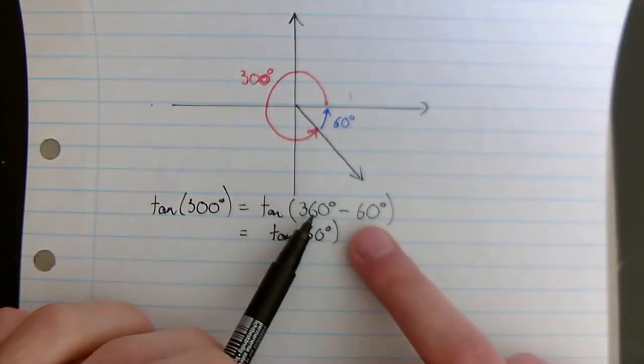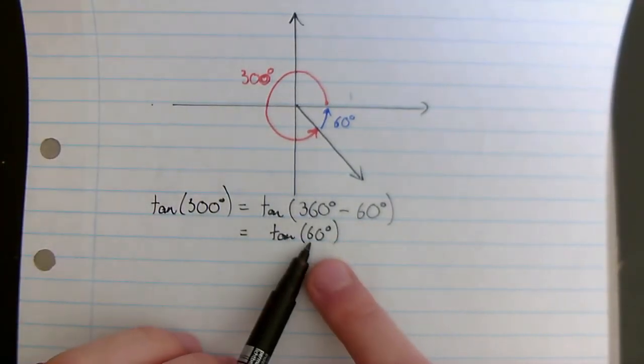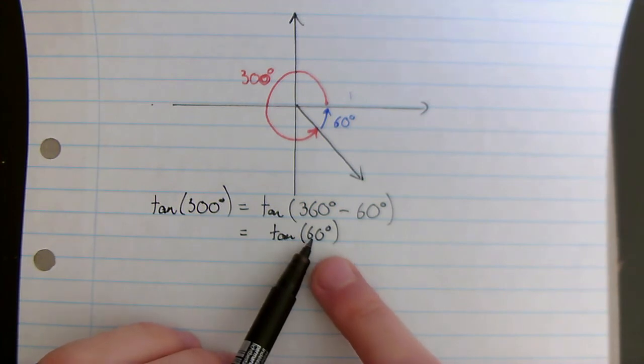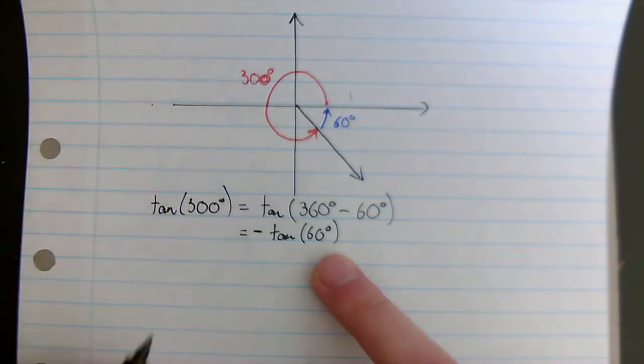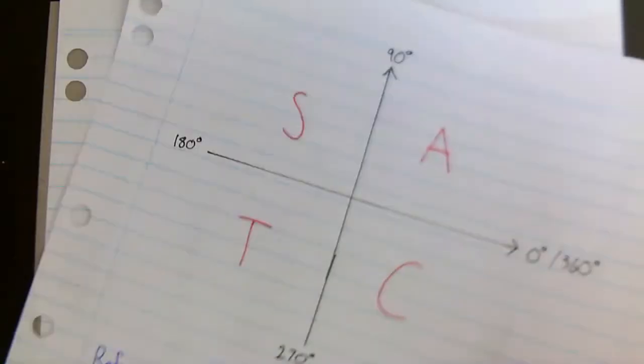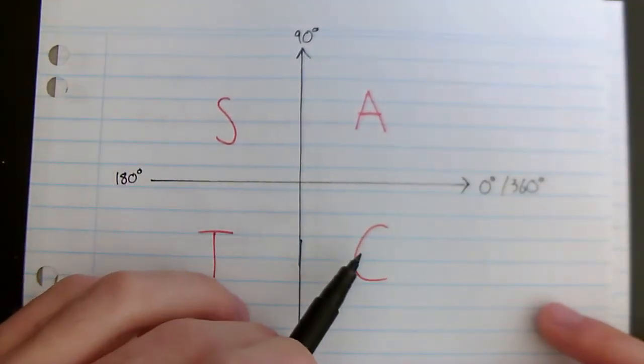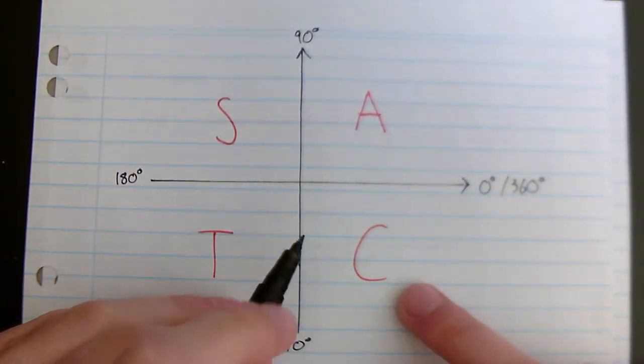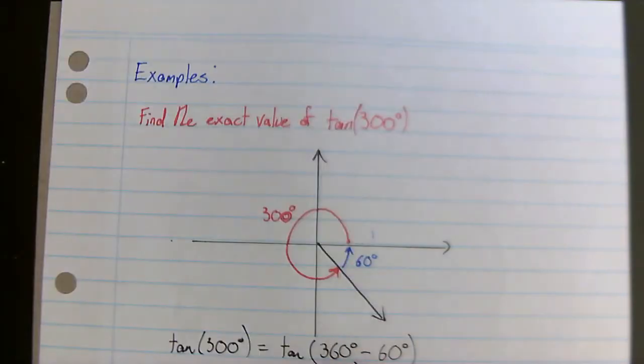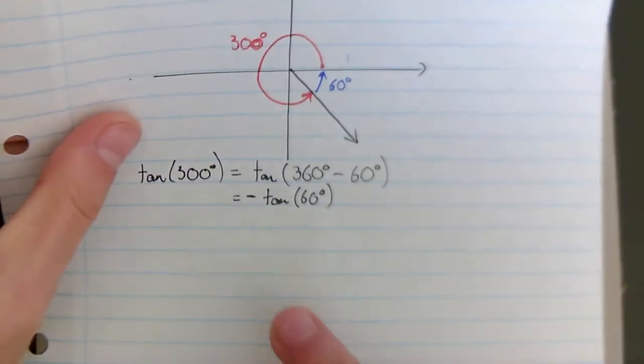Once you get it in this form, you can relate it back to the acute angle. Now I am missing one thing, and it's a negative out the front here. Why is it negative? Well, coming back to the ASTC rule, we're lying in the fourth quadrant where only cos is positive. And what we've got here is a function in terms of tan.